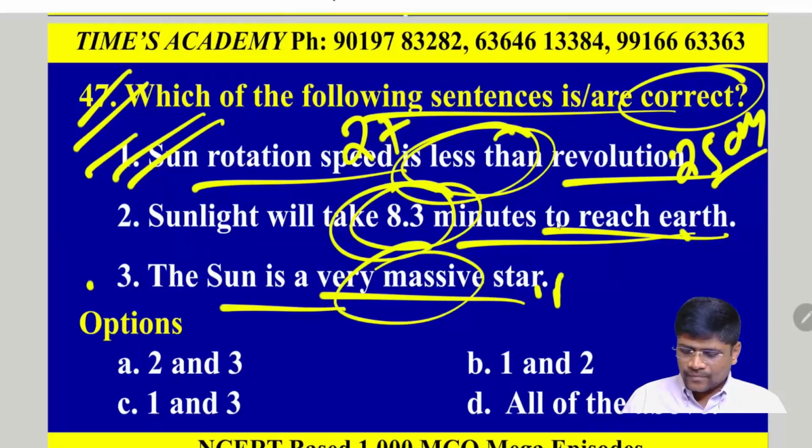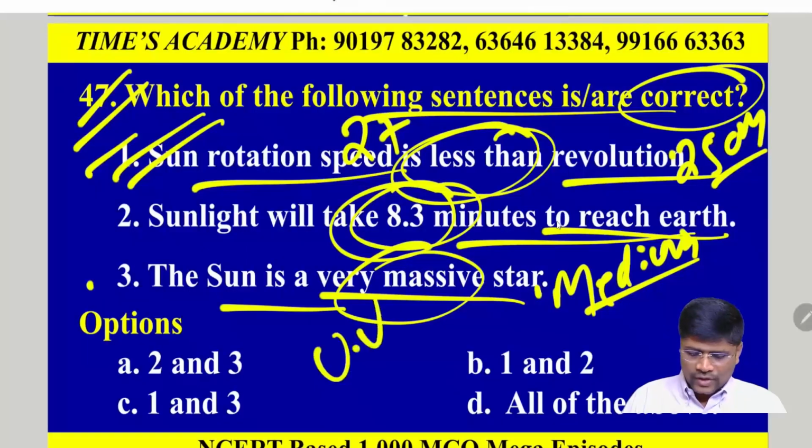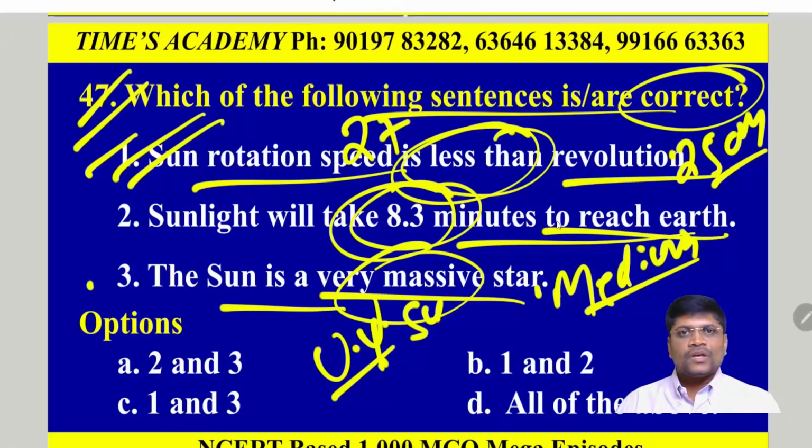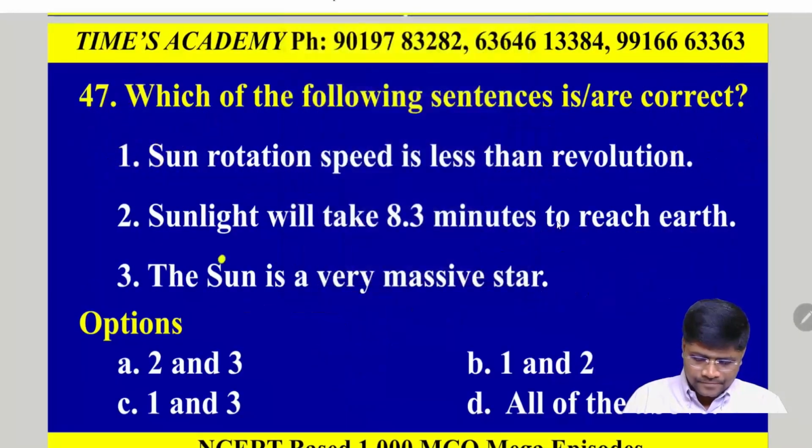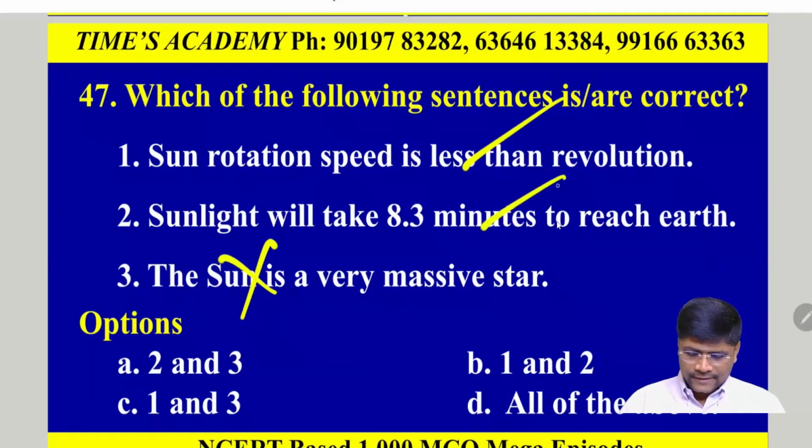No, the Sun is a medium-sized star. Compared to UY Scuti and Canis Majoris, it is a very minor star. So that's why the third statement is incorrect. First statement is correct. Second statement is correct. So according to the given explanation, only B is correct.